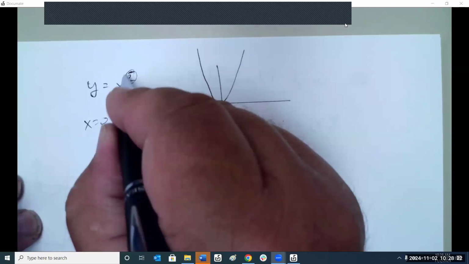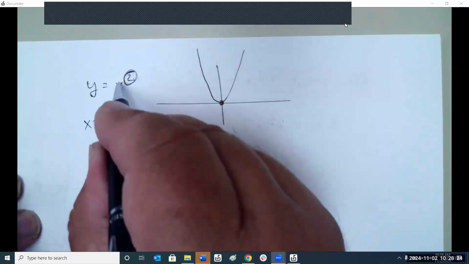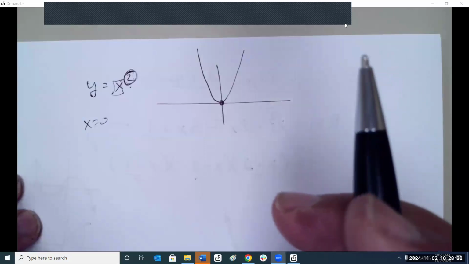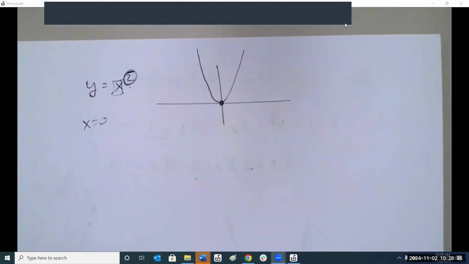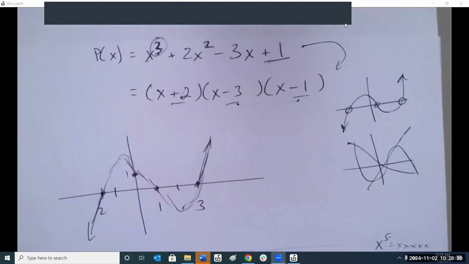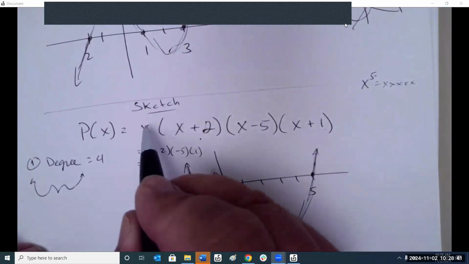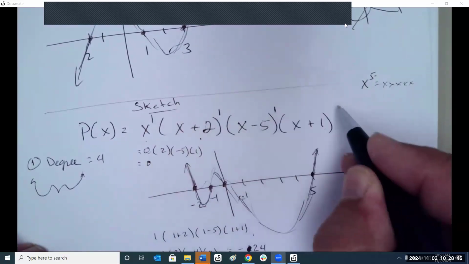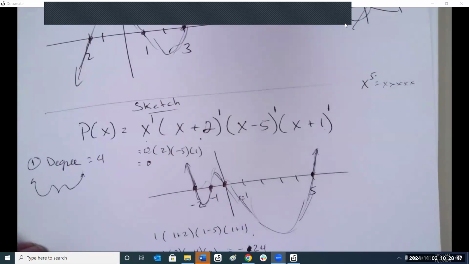Why? Because the exponent of that value is even. So for it to bounce on the last one, every x had to be 0. All the exponents had to be squared. See, all of these exponents, this is a 1, this is a 1, this is a 1, and that's a 1.